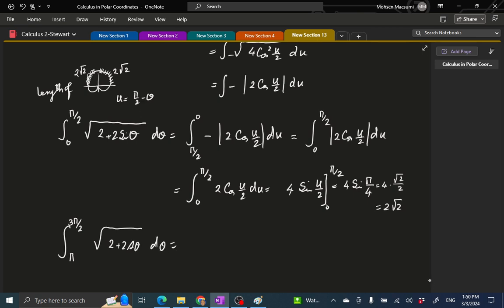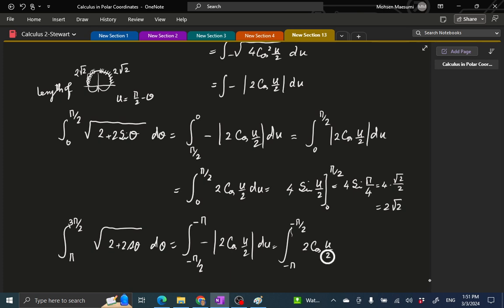Pi half minus these values is going to be minus pi half to minus pi, and this is again minus 2 cosine of u over 2 du. Again, I exchange this minus with flipping the limits of the integral, so it becomes from minus pi to minus pi over 2 of 2 cosine of u over 2.